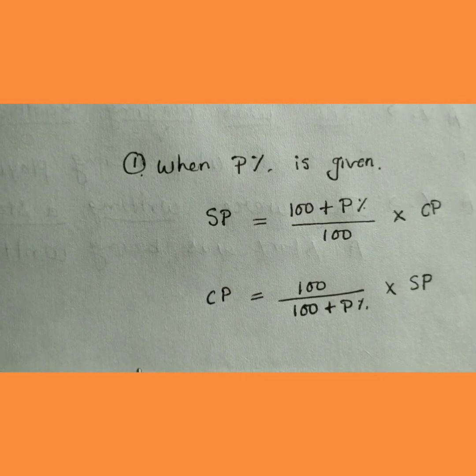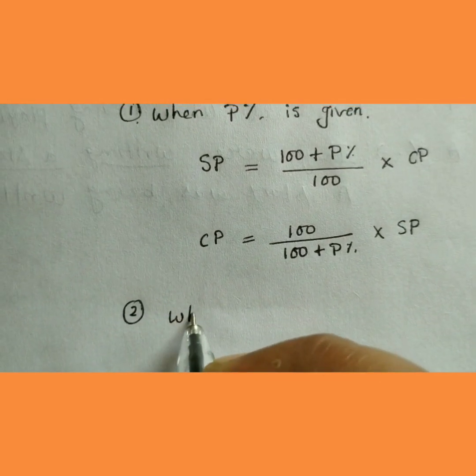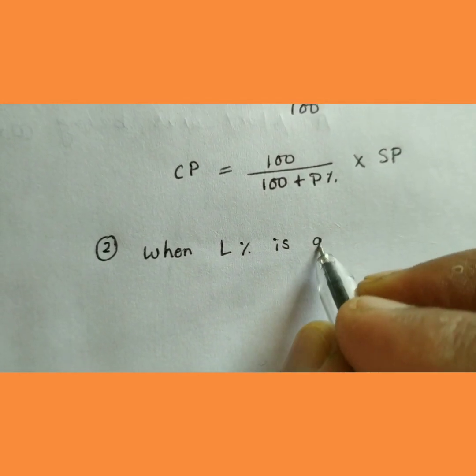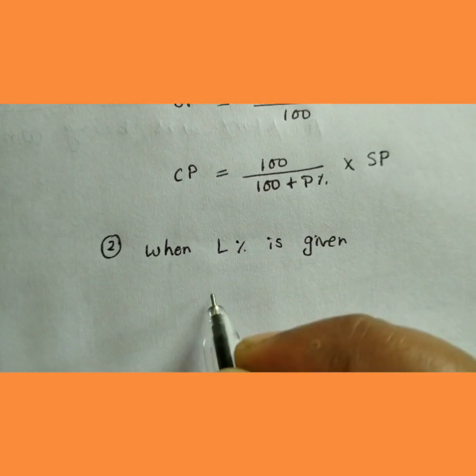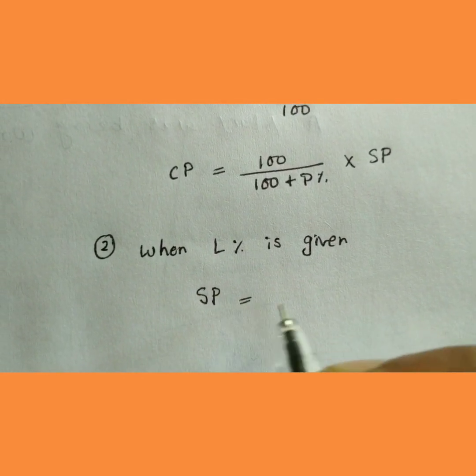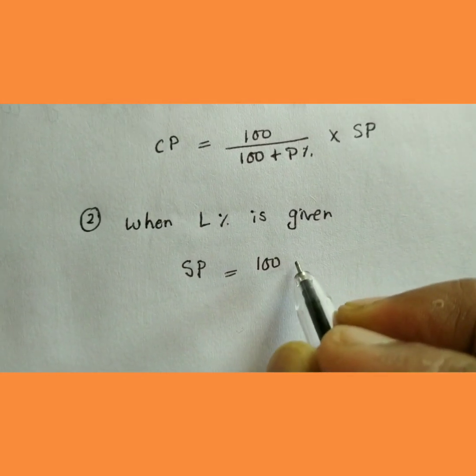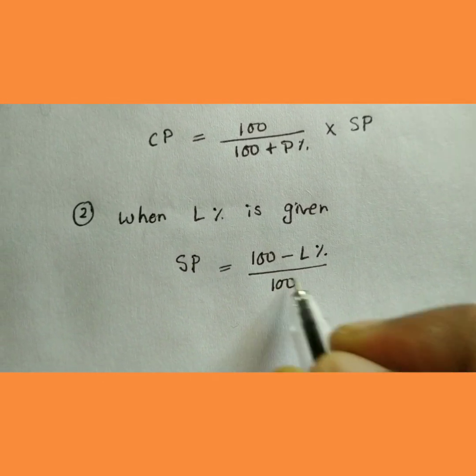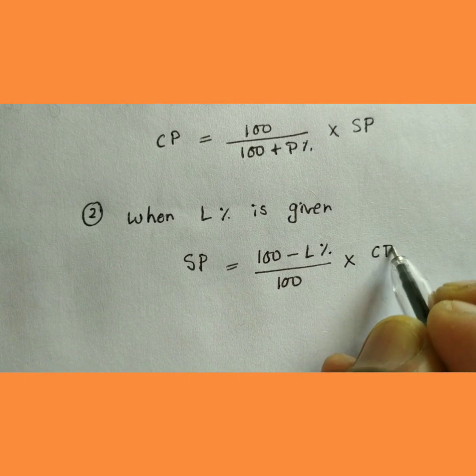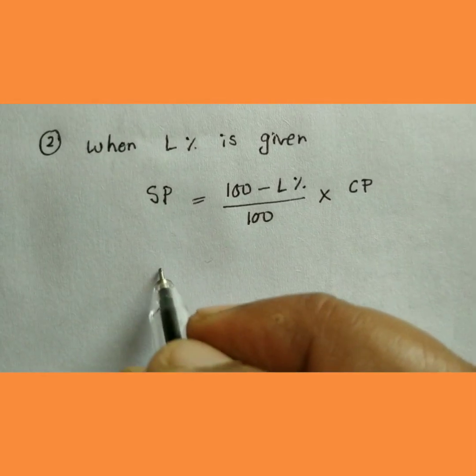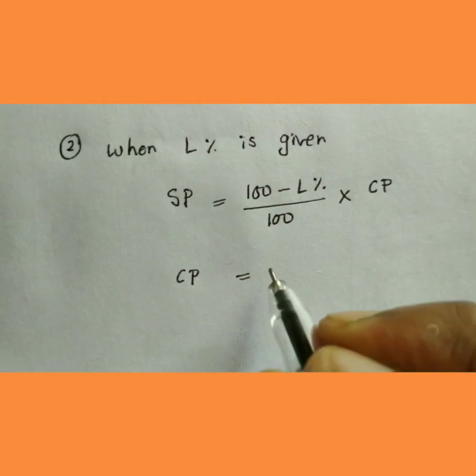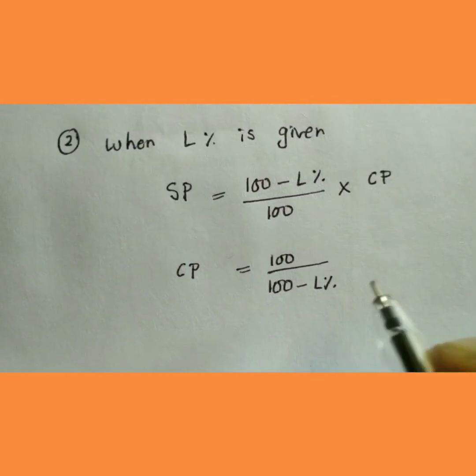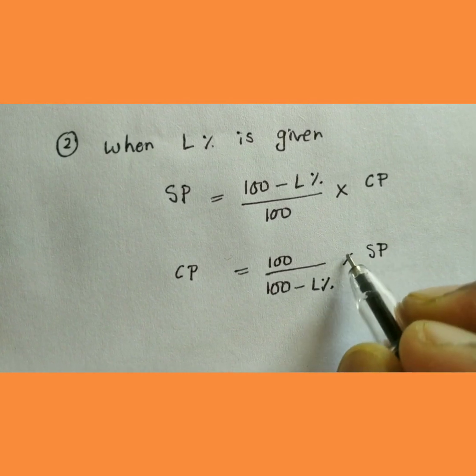And when loss is given in percent, then selling price is equal to 100 minus loss percent divided by 100 into cost price, and cost price is equal to 100 by 100 minus loss percent into selling price.